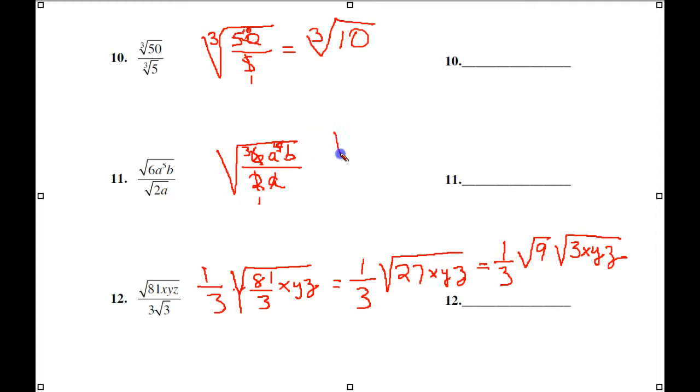So I'm left now in the numerator with 3, a to the 4th b, that I can then put under 2. And again, some of this you can do mentally. A to the 4th, 3b. So this becomes a squared, the square root of 3b.